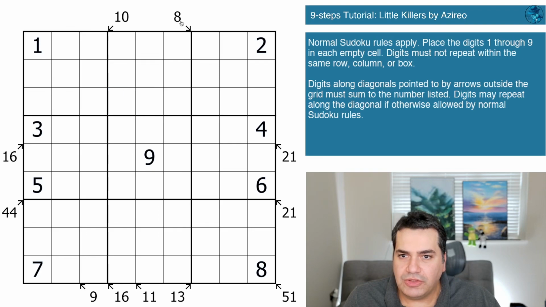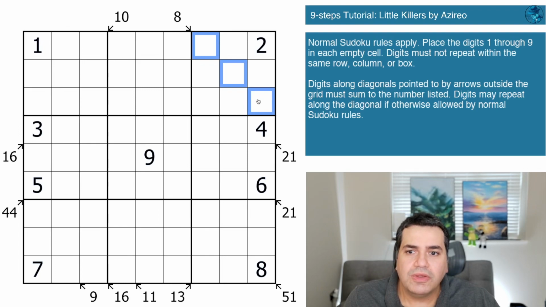Now, I started at the 8, which I also started with when I was explaining the rules. If you think about 8 and 3 cells, if you do not use a 1, the smallest number you can make is 2, 3, and 4, which adds up to 9. So immediately, we know that 1 is part of the solution.